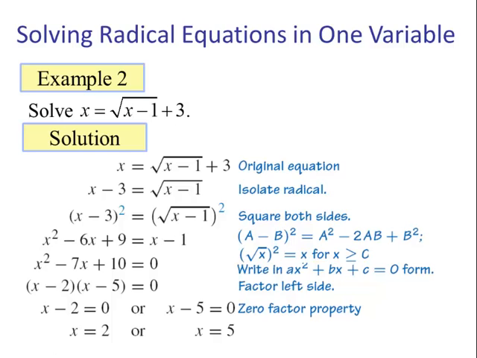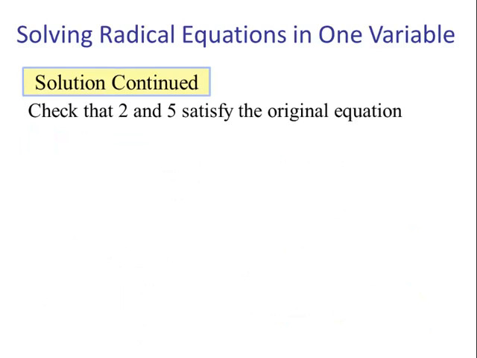So we have two solutions. We must check both of them to make sure they both work. So for x equals 2, you start with the original equation. Hopefully the left-hand side will equal the right-hand side. Substituting 2 in for x, we have 2 equals the square root of 2 minus 1, plus 3.